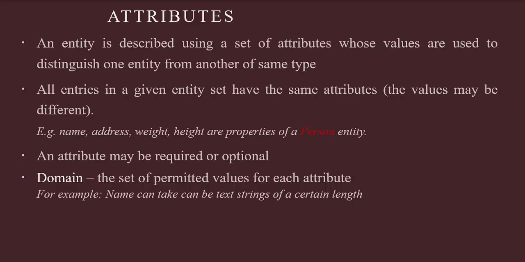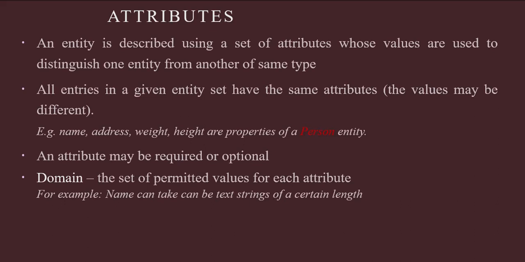Attributes. An entity is described using a set of attributes whose values are used to distinguish one entity from another of the same type. All entities in a given entity set have the same attributes. The values may be different. For example, if we have two students, both students will have ID, roll number, name, contact, email, but the values will be different.